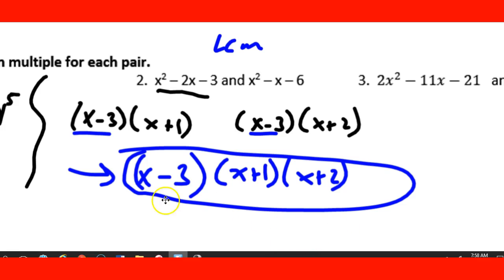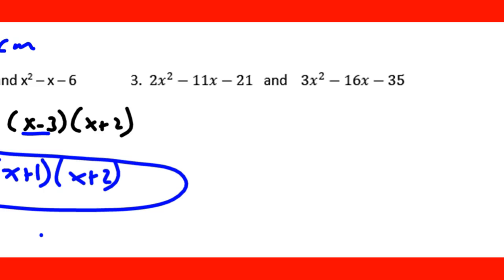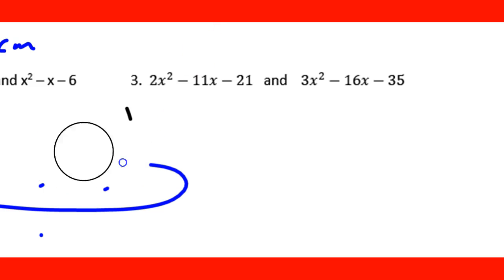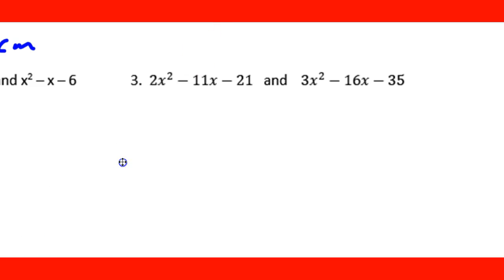For this example here, we've got to factor it. Again, when you factor, you have x minus 7 and 2x plus 3.